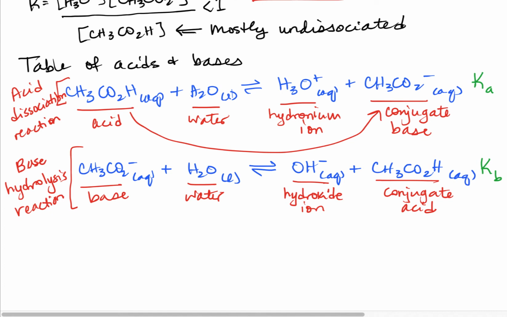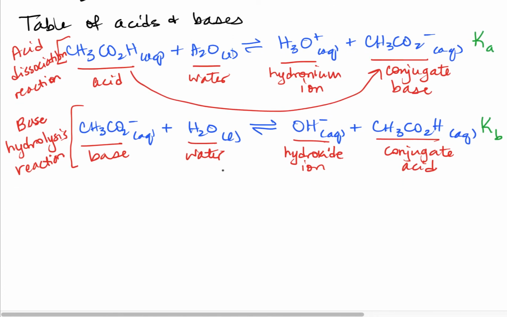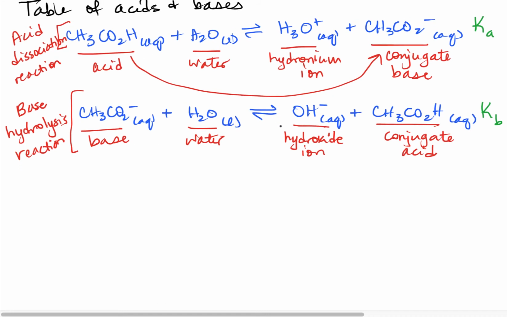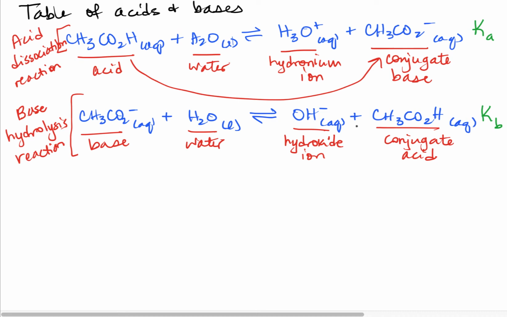So if we think about these two reactions together, we can see that they form a pair. They both involve the same acid and the same base, and so we should have some way of relating the Ka and the Kb to each other. If we looked in the table, the Ka for the first reaction was 1.8 times 10 to the minus 5. So let's look at these two reactions together.